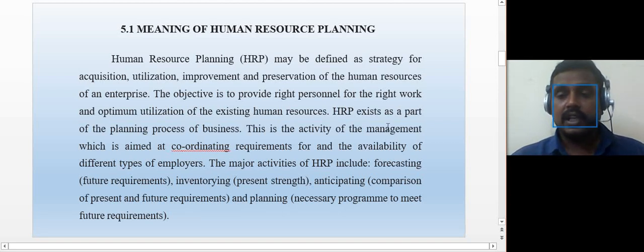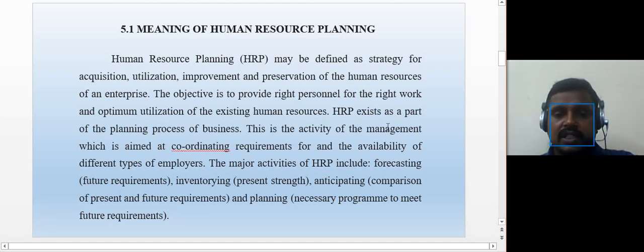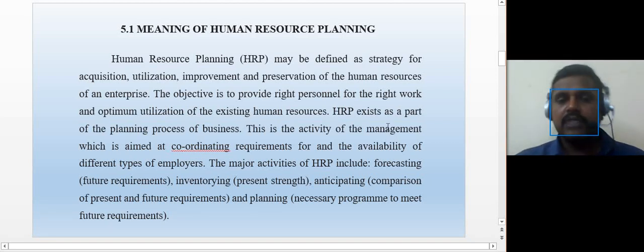We must analyze the manpower of a particular project. So this objective is to provide the right personnel for the right work with optimum utilization of human resources. Yes, of course, we must analyze human power requirements and utilize them at the optimal level, which means the maximum level.